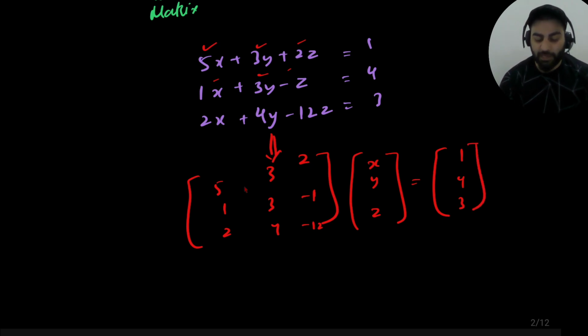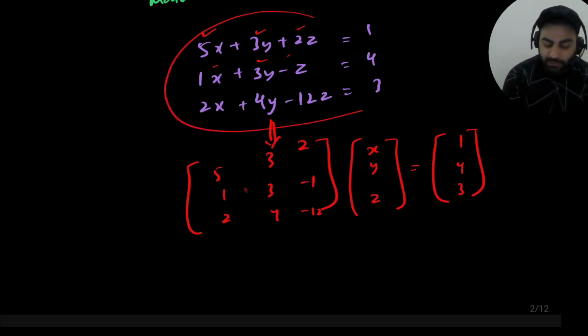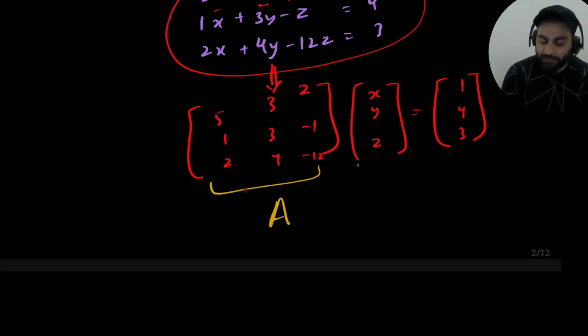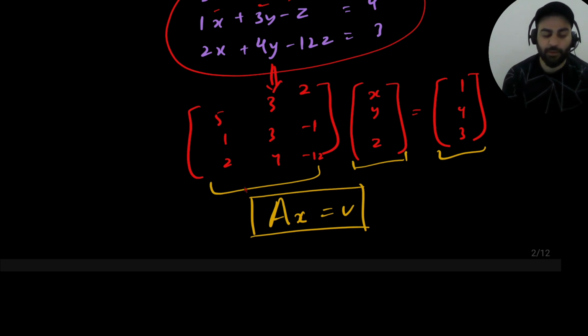This is how I'll write these equations from now on. I need not write the equations in this format. This matrix, the coefficient matrix, is written as A, and the unknowns are written as x, and these are written as v. So in a succinct way, I can write Ax is equal to v. Is this clear?